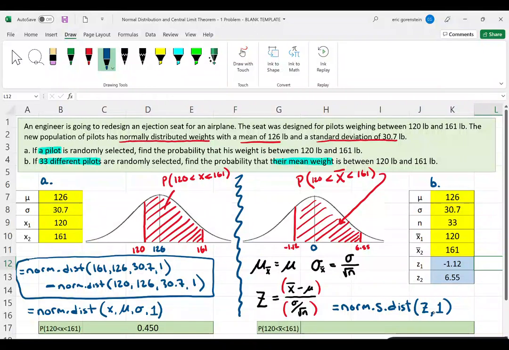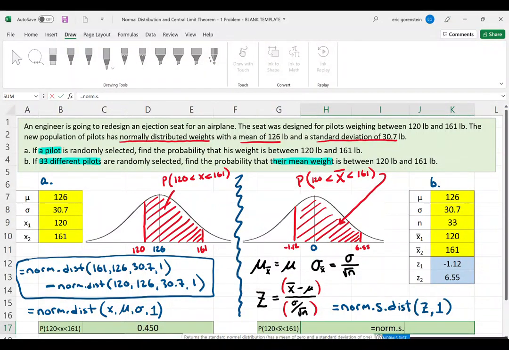So we have to do the same thing we did in part A by using this function twice to find the area between two z-scores. So norm.s.dist, first z-score 6.55. Now I'm rounding that. I could have used the exact value of the z-score by clicking on the location of the 6.55, but it's going to be about the same answer.